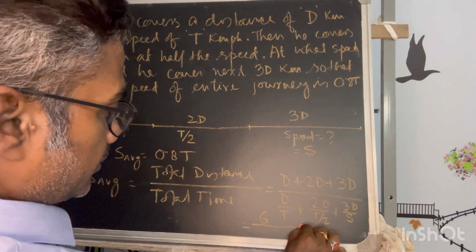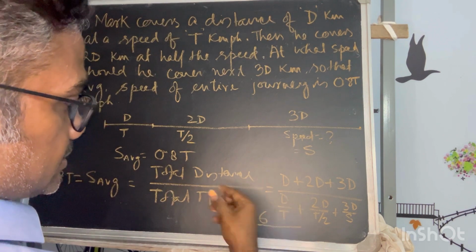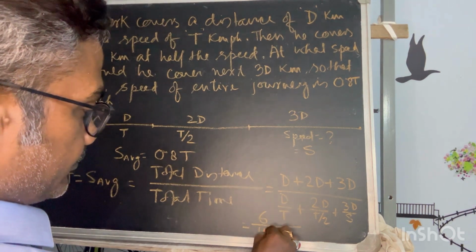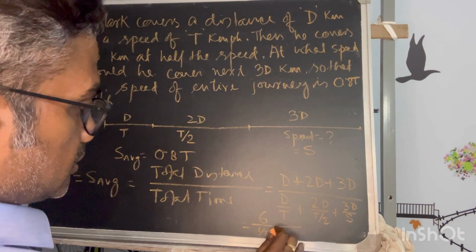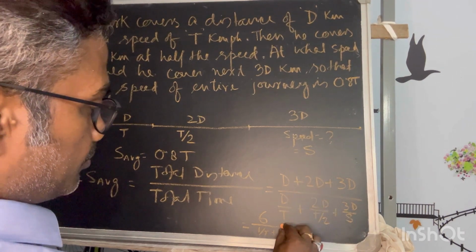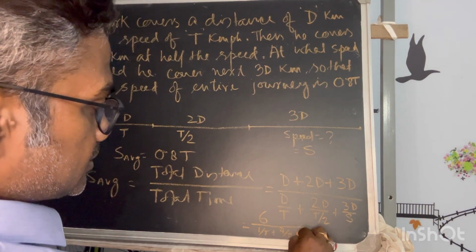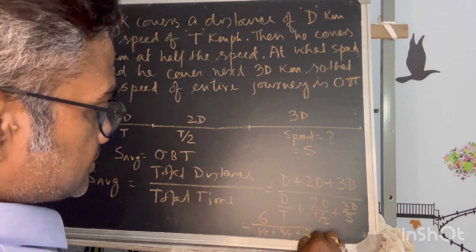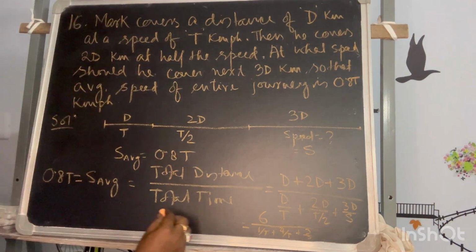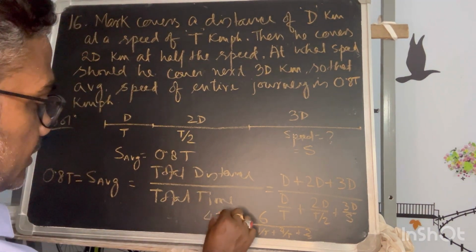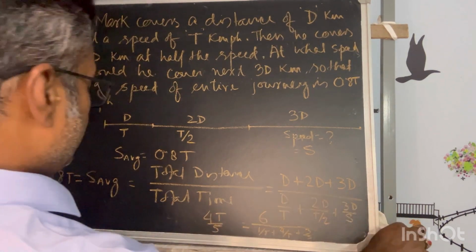So the time becomes 1 by t plus 4 by t plus 3 by s, and that is equal to 0.8t, that is 4t by 5. You can write it in fraction form.